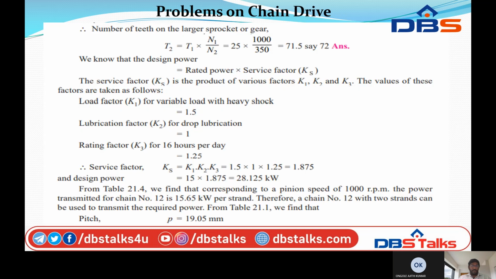And finally the chain number is 12. Therefore chain number 12 with two strands can be used to transmit the power, from Table 21.1. So for number 12, the pitch value is 19.05, taken for the problem.